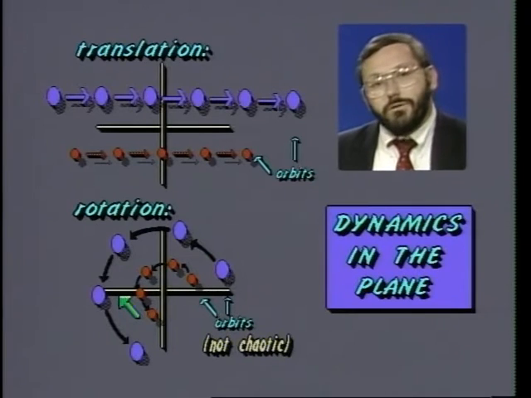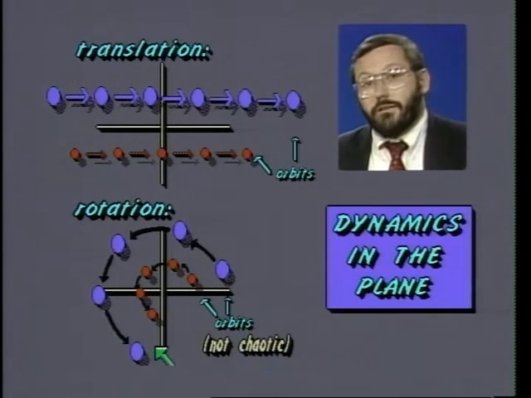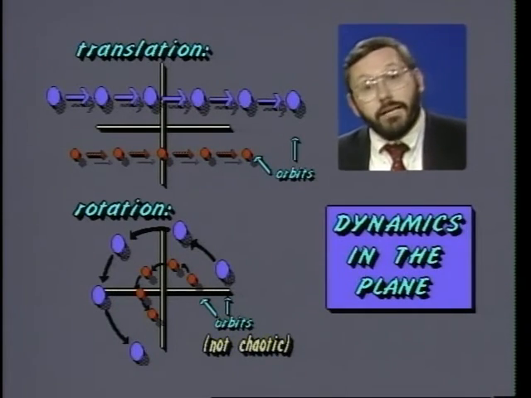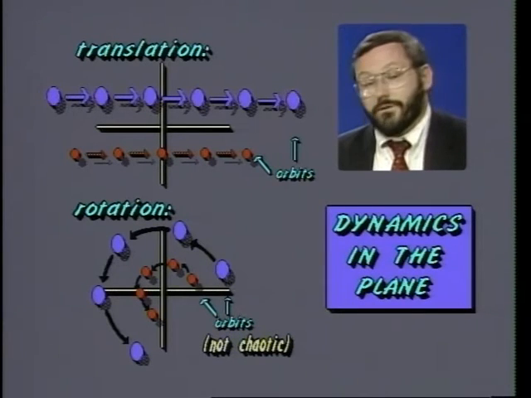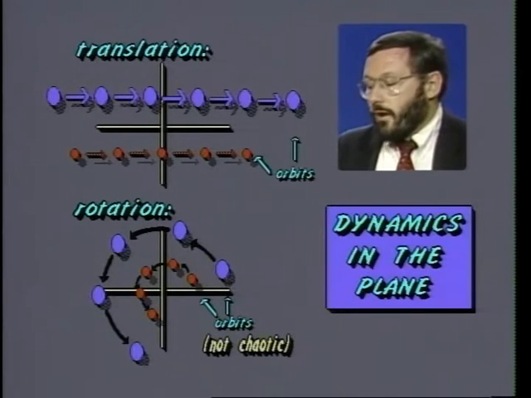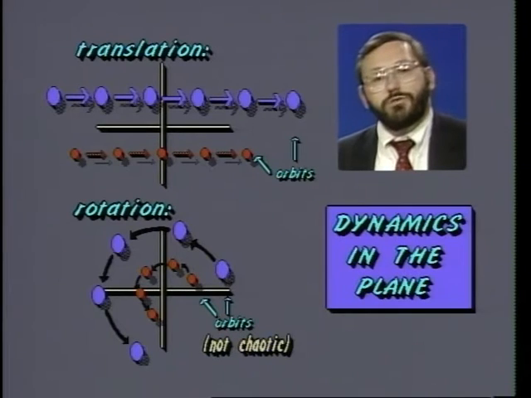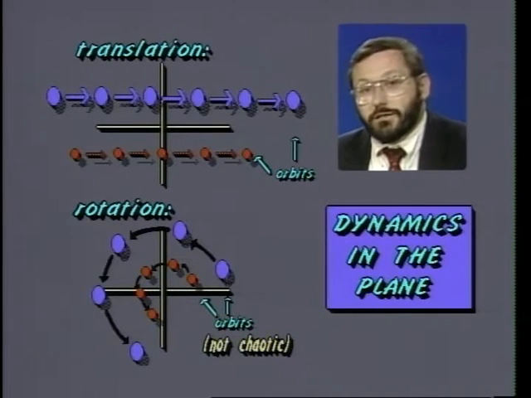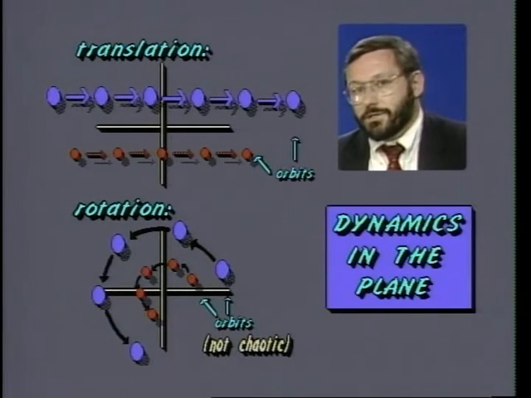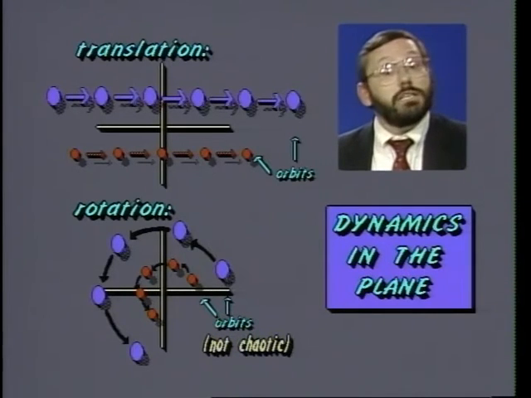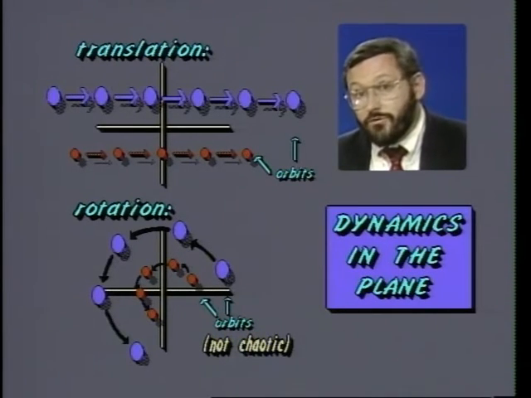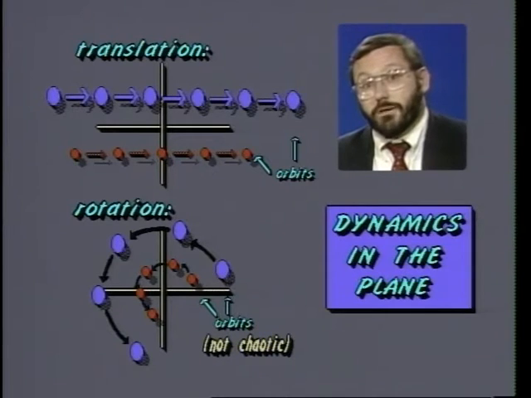Rotate again, you see that these points move around in the plane, tracing out the, again, so-called orbit of these dynamical systems. Now, both of these examples, translation and rotation, are hardly chaotic dynamical systems. You can very easily predict what will happen to the orbits of each of these dynamical systems.